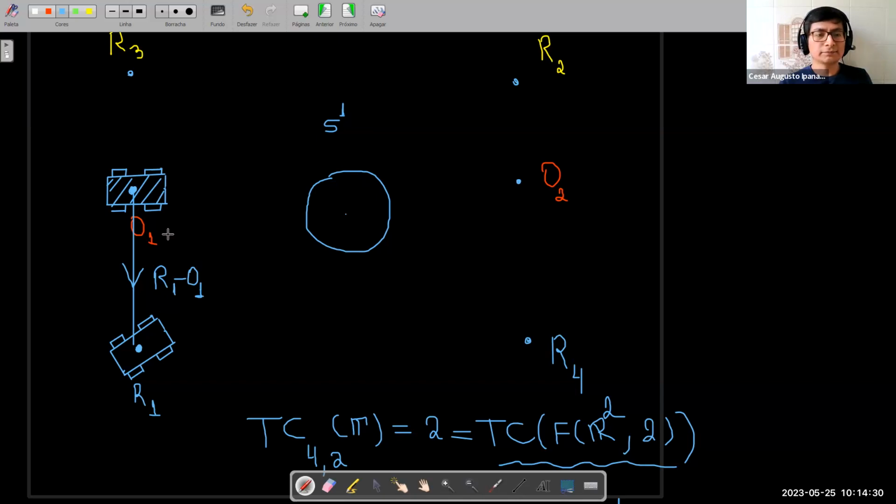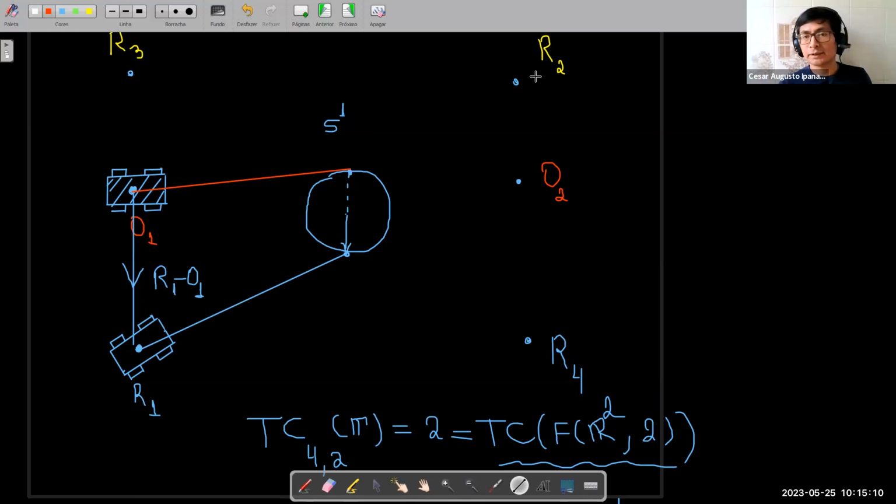This gives me this point in S1, and we consider the antipodal of this point. The first step of this algorithm is as follows: we move this to this point linearly and move this to this point linearly.